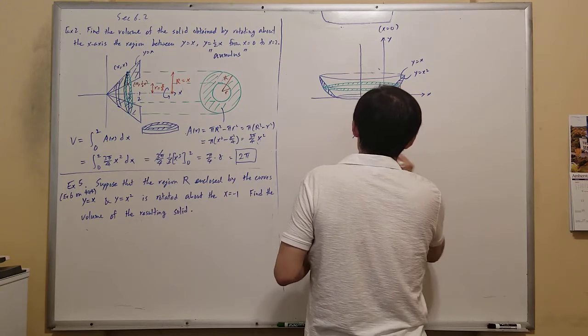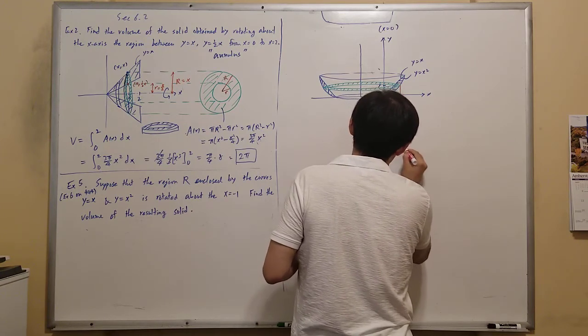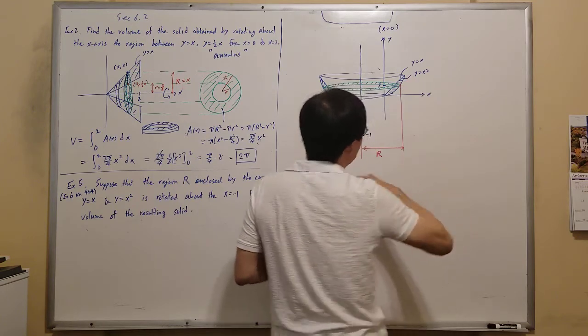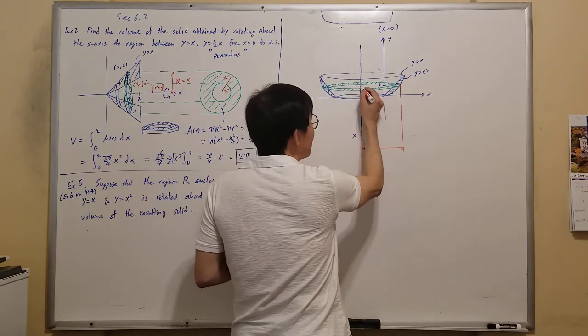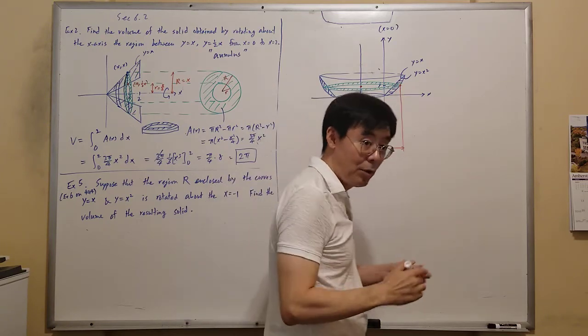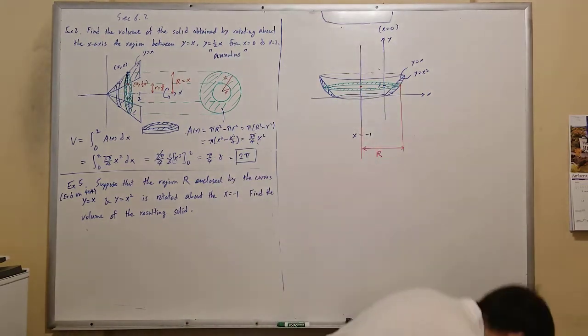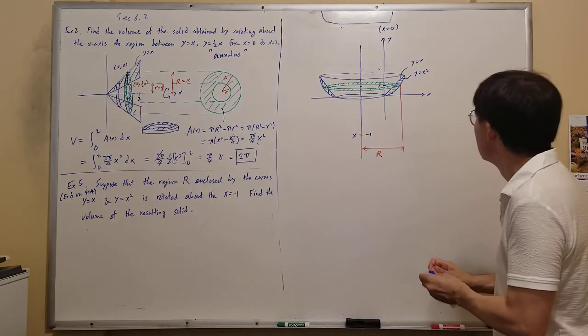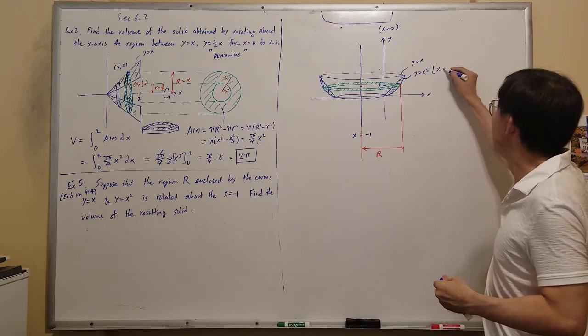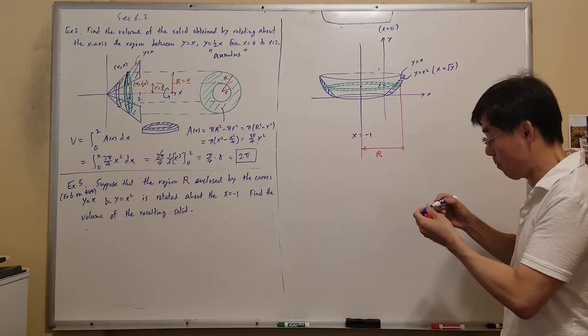This will give you the outer radius, capital R. That means the difference of the x coordinates of these two points when you go through y. And you have to write everything in terms of y. So you write this equation as x equals square root of y for given y.